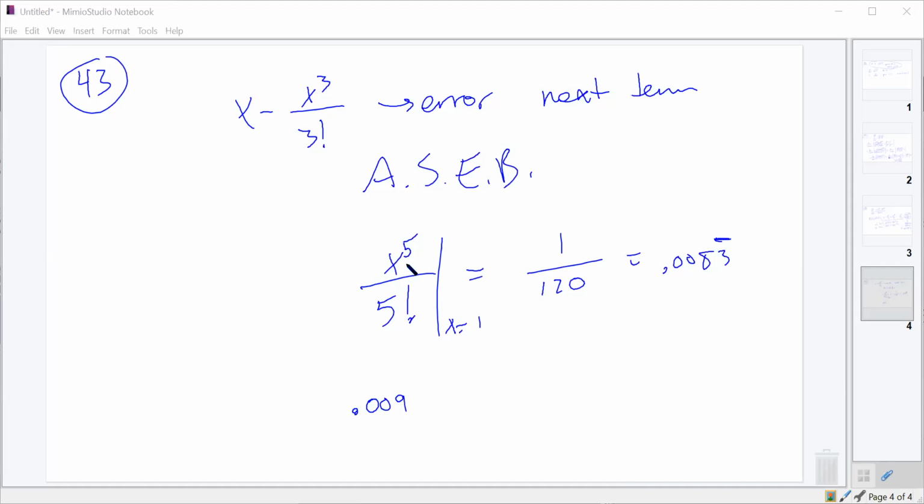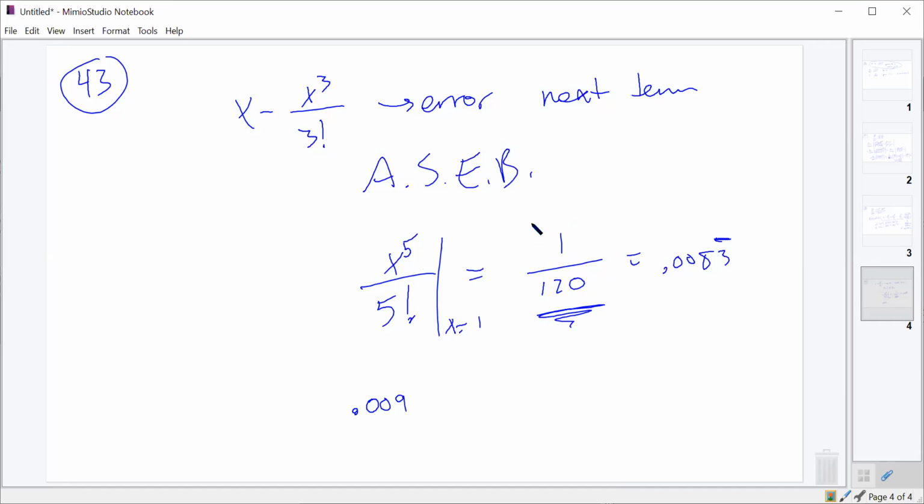And so anything that we plug in that has an absolute value less than 1 is going to give us something smaller than what this is. I can do arithmetic.